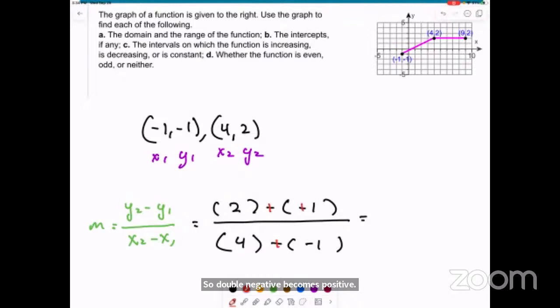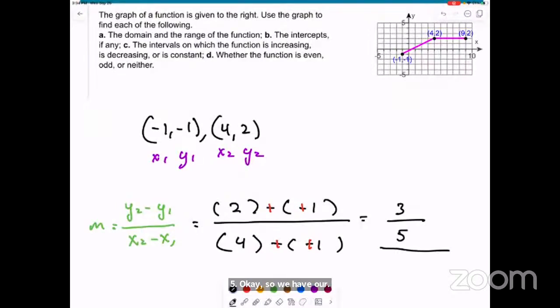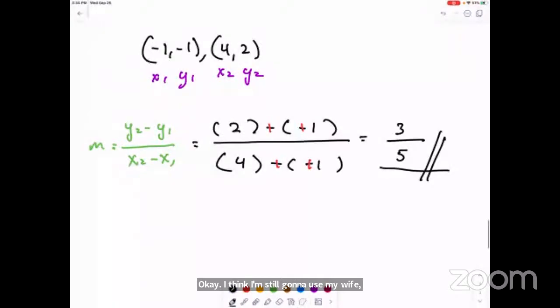It's a 3 over a 5. Okay, so we have our slope. I think I'm still going to use my y equals mx plus b. So our slope is 3 over 5.